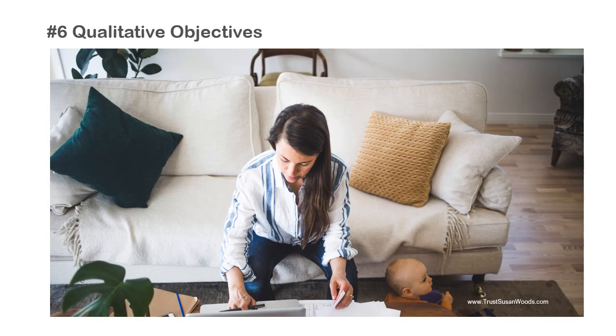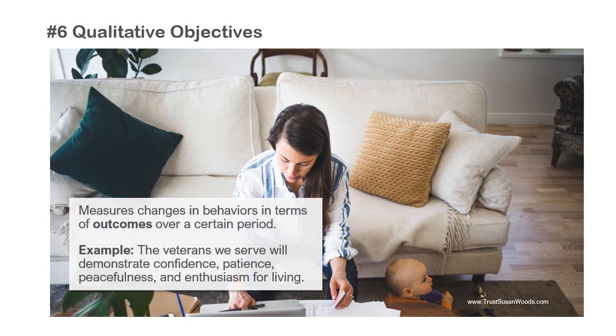Number 6, the sixth key component of a program description is called qualitative objectives. The qualitative objectives measure changes in behaviors in terms of outcomes over a certain period of time.